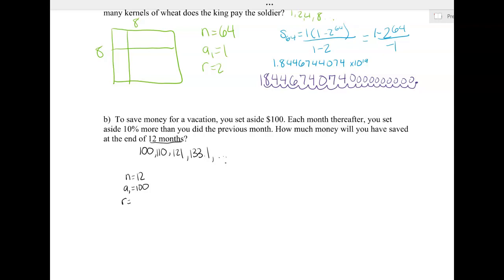But what we're multiplying by every time is actually 110%, because you need to cover the 100% that you definitely put in last month, plus an extra 10% that you're putting away more this month each and every time. So that would actually be 110%, which written as a decimal is just going to be 1.1.